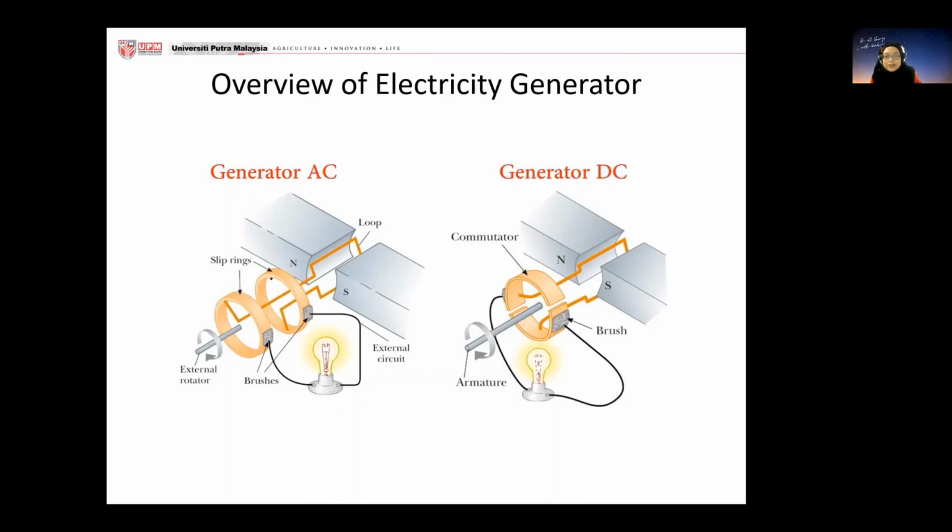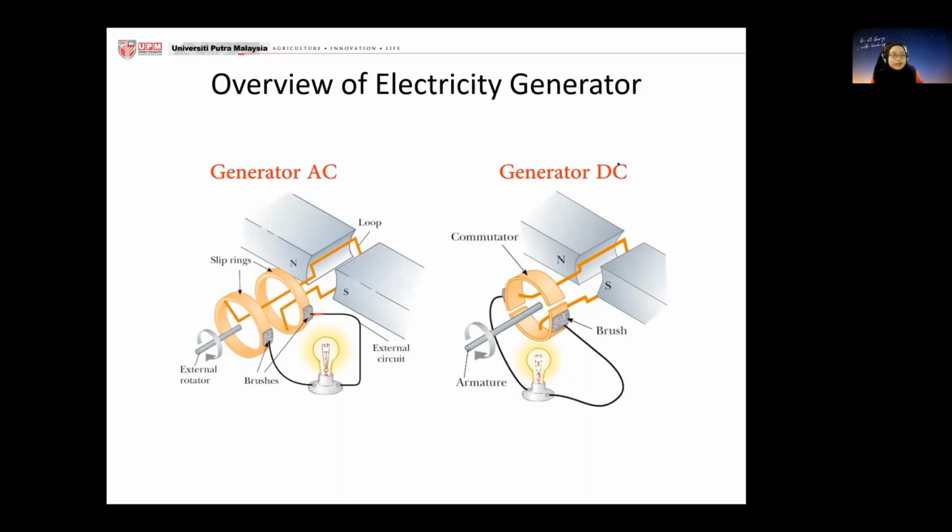The slip ring is going to turn for the AC generator, however the brushes here are immobile, stationary, and they brush the slip ring as it turns. Just remember, the requirement for electricity is that it must have contact all the time. That's why the brushes are there. They connect your circuit to your slip ring.